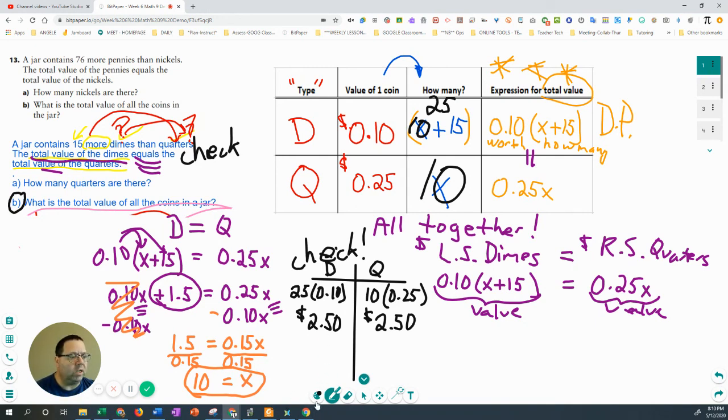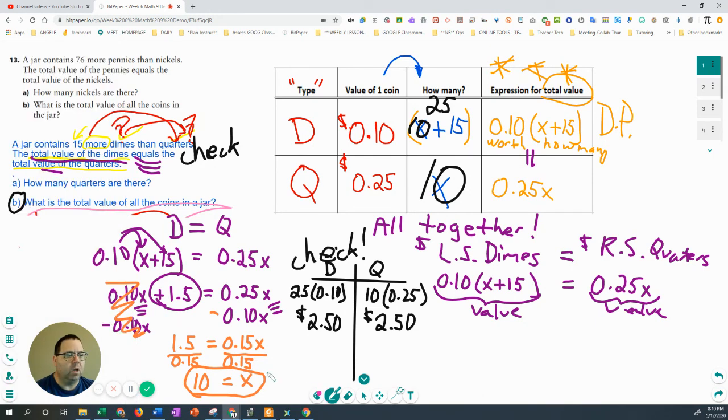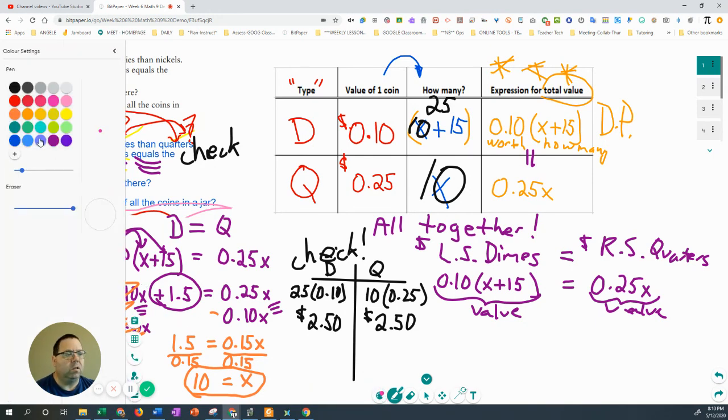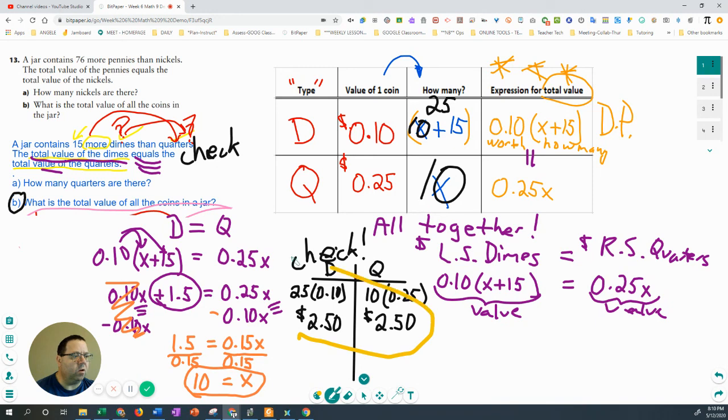And then all together, right? You gotta be clever about this. All together, don't we have a total of $5 in the jar? If $2.50 is made up from the dimes, another $2.50 is made up of the quarters, don't we have a total of $5? That's the answer to B.